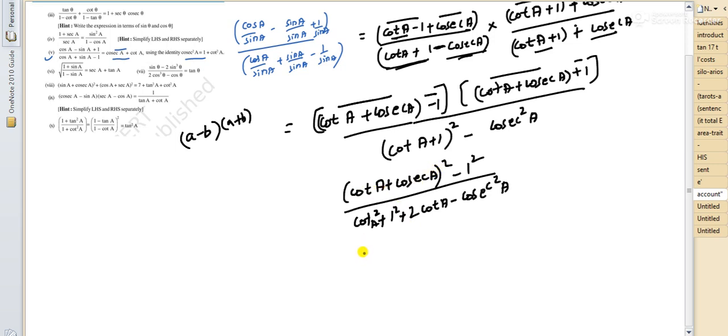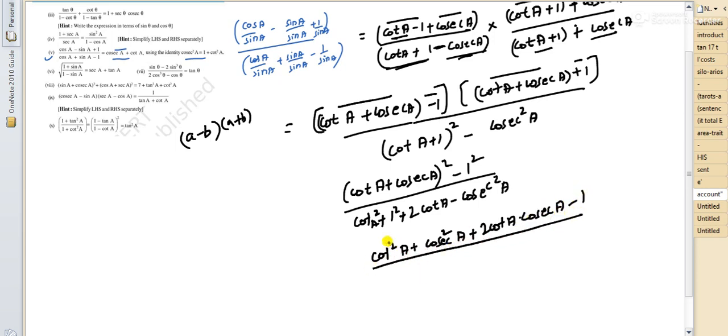Here we will get A square plus B square plus 2AB, that is cot square A plus cosec square A plus 2 into cot A into cosec A minus 1 divided by, what we are going to write here.